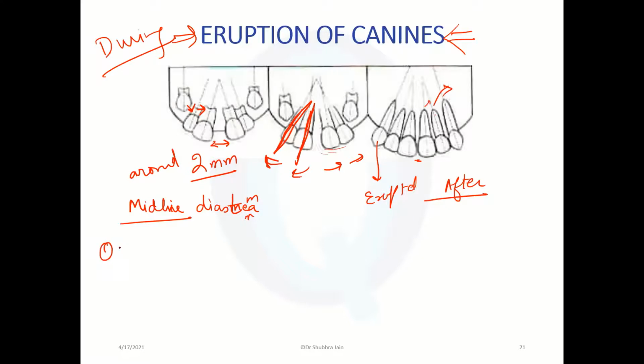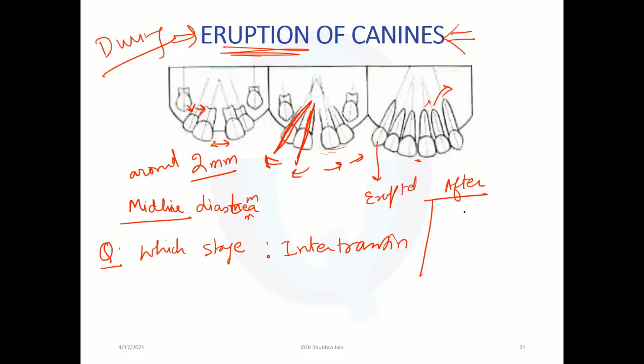Now the question is, in which stage does it occur? It occurs during the eruption of the canine, so it is the intertransition phase. Once the canine has erupted, that is called the second transition stage, but it does not occur in the second transition because by then the canine has already erupted.